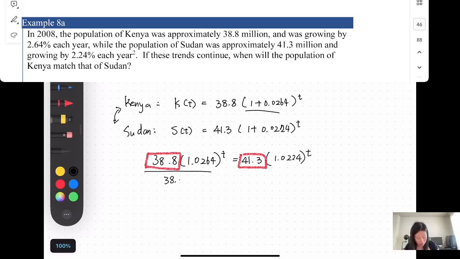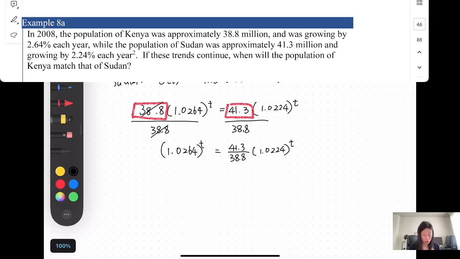And here I'm going to divide by 13.8 on both sides. So I got 1.0264 to the t power equals 41.3 over 13.8 times 1.0224 to the t power.